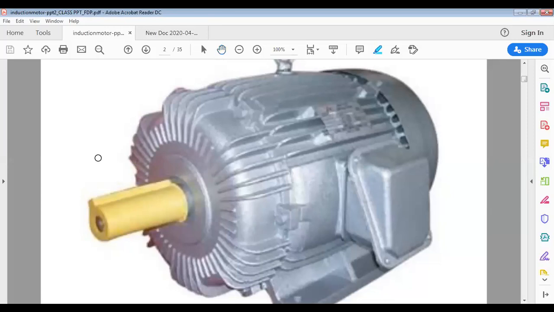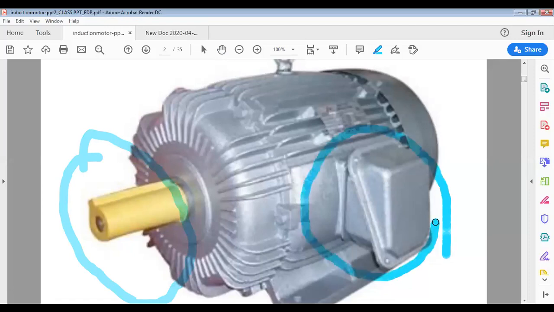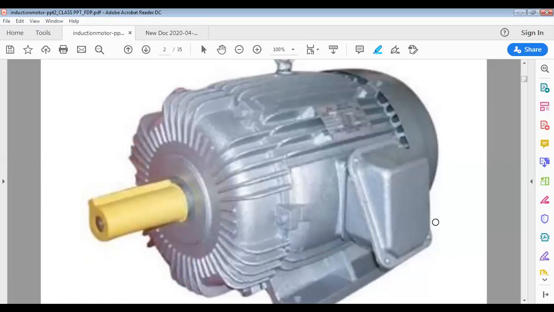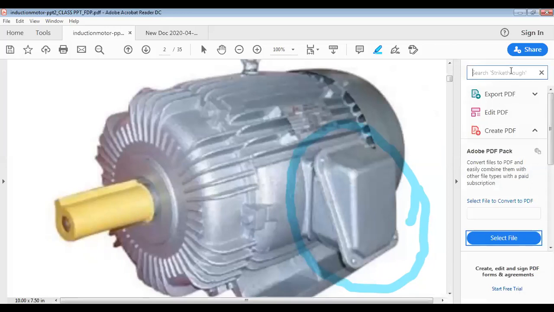Now, this one is the shaft. All of you know. What is this other one? See, I'm going to circle this portion. One part of the three-phase induction motor I circled.